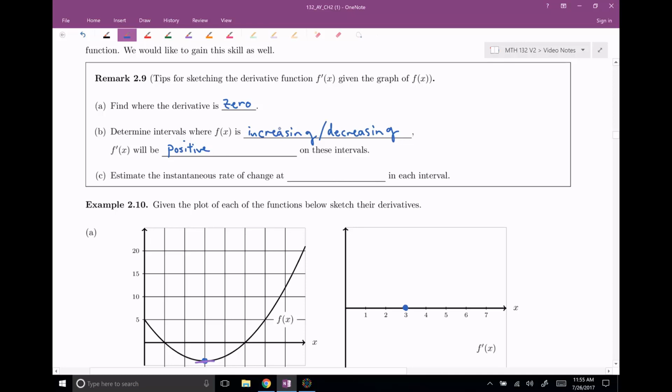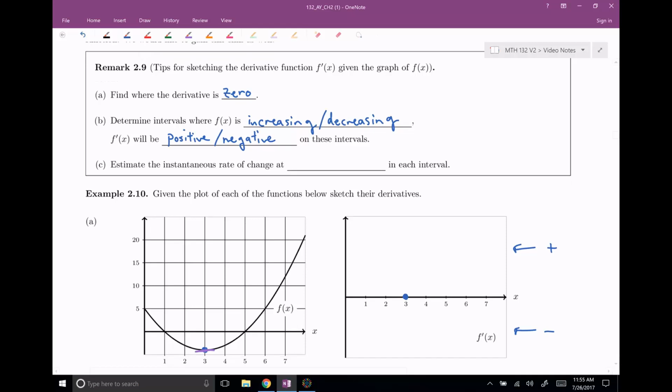Increasing means it has positive slope. Well, slope is the same thing as the derivative. Likewise, when it's decreasing, the derivative will be negative. And now since we're going to be mapping this onto y values, positive y values means it's above the x-axis, right? Positive y values up here. Negative y values means it's below the x-axis.